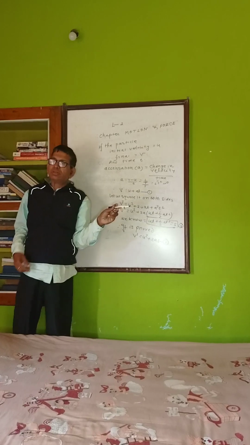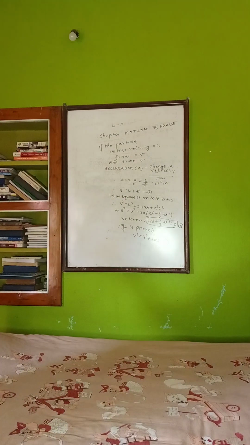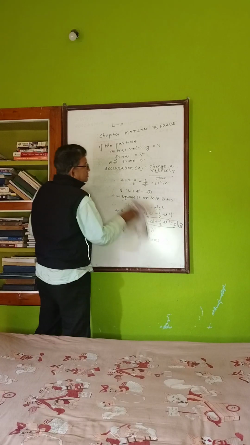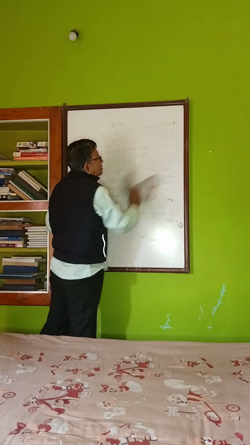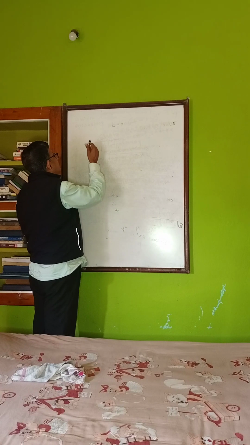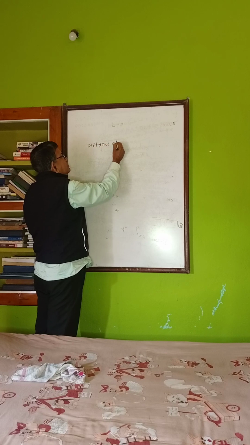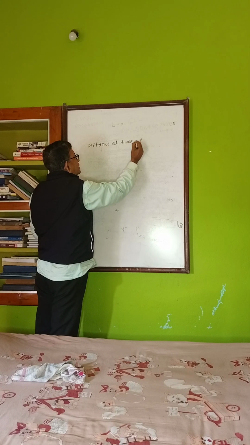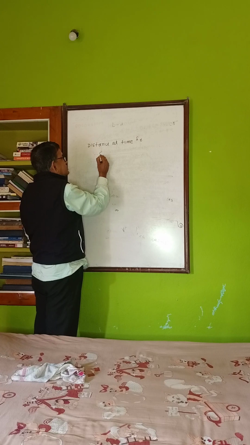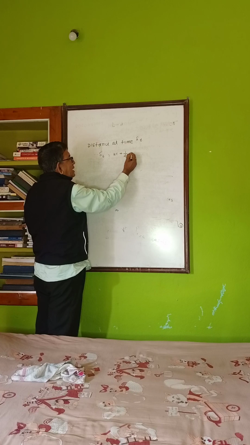Now let us consider the distance at time t, that is s suffix t. We know s suffix t equal to ut plus half at square.